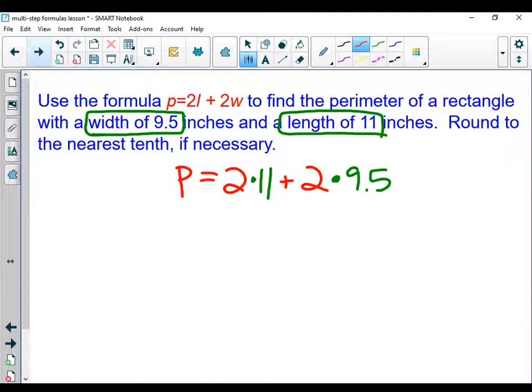Not right now. You don't have to do it on this one because we don't have a variable for it. So look, everything that's next to each other, we could just solve how it is. Remember though, multiplying has to come before adding.